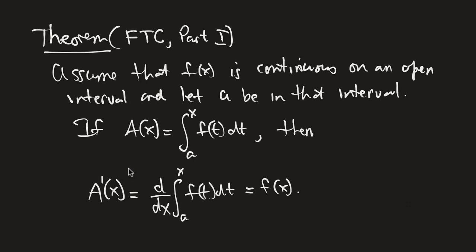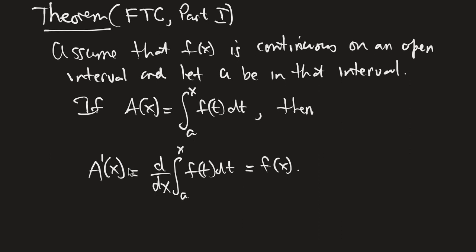So in words, what this is saying, and we saw this earlier when we illustrated and actually computed one of these area functions: A of x is an antiderivative of f of x.